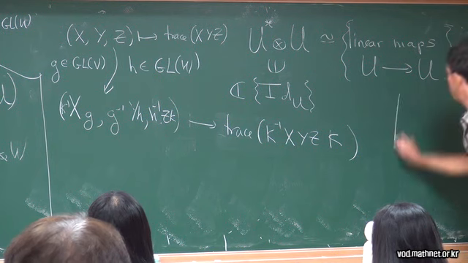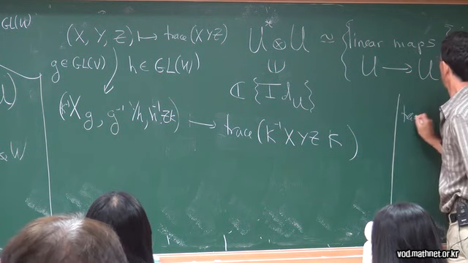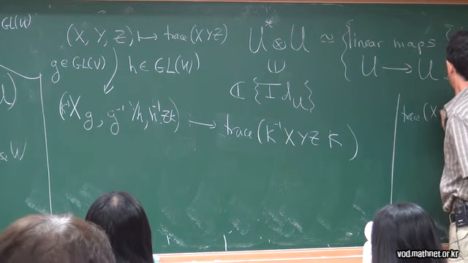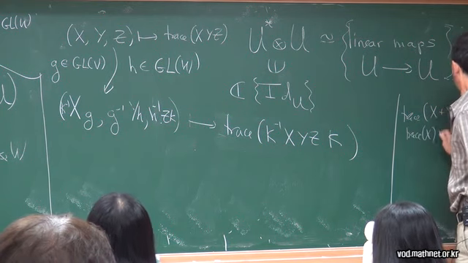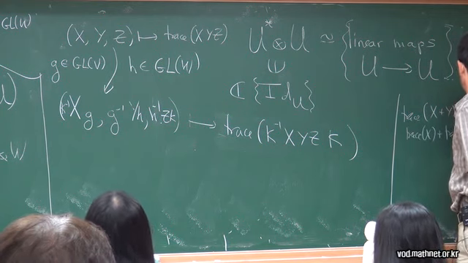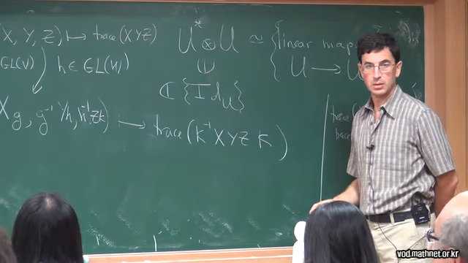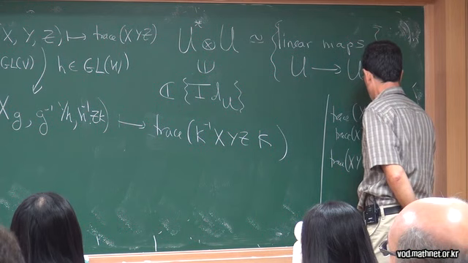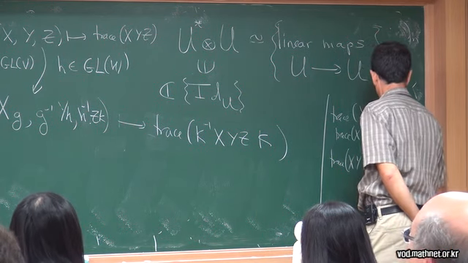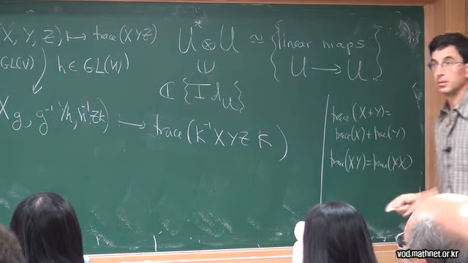Well, what do we know about the trace of matrices? We know that the trace of x plus y is equal to the trace of x plus the trace of y, right? We also know that the trace of x times y is equal to the trace of y times x.